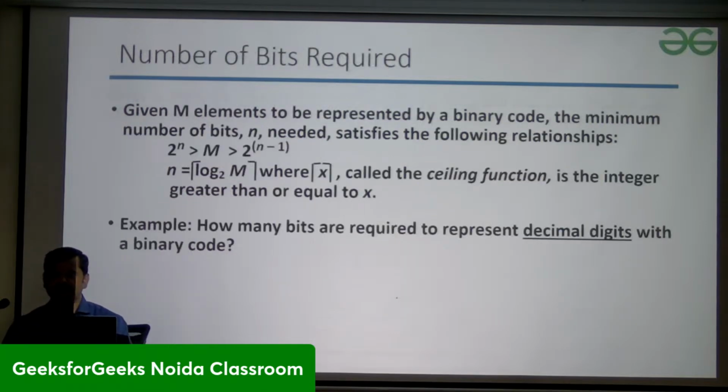So how many bits are going to be required? For m possible solutions, we can have 2 to the power something which is relating to this m. For 8 colors, we need only 3 bits.